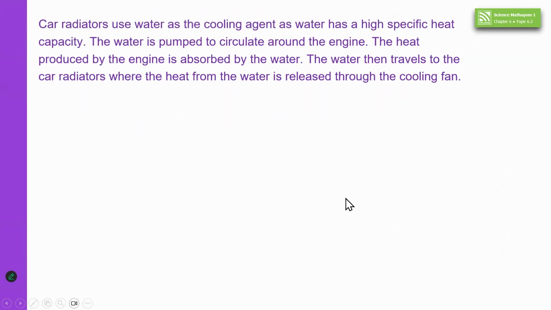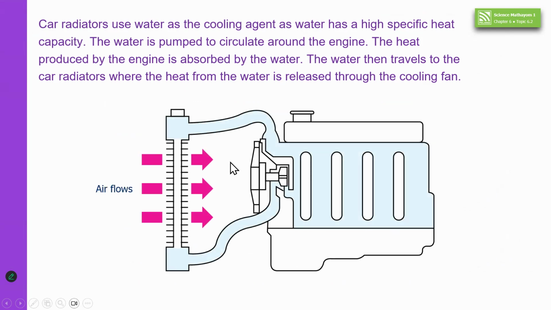Now, car radiators use oil, I should say, car radiators use water as the cooling agent, as water has a high specific heat capacity. So the water is pumped to circulate, all right, around the engine. The heat produced by the engine is absorbed by the water.